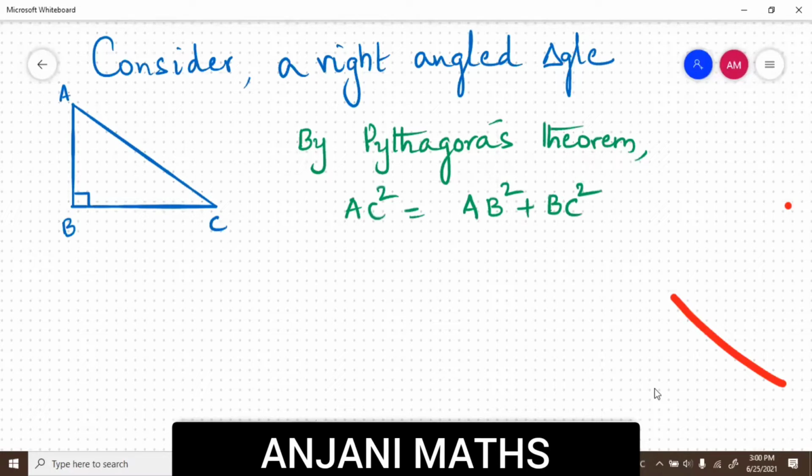Now divide the whole equation with AB square. So what we get? AC square by AB square is equal to AB square plus BC square by AB square.